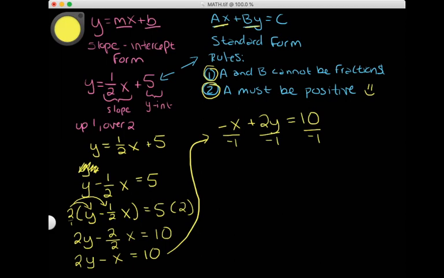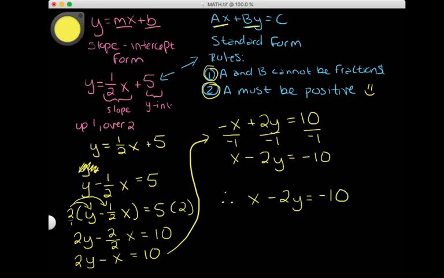Negative 1 divided by negative 1, I'm just left with x. Positive 2 divided by negative 1 is going to be a negative 2y. And positive 10 divided by negative 1 is a negative 10. So therefore, x minus 2y equals negative 10.